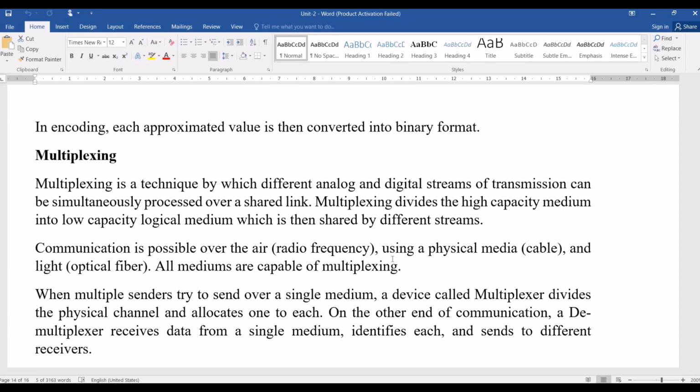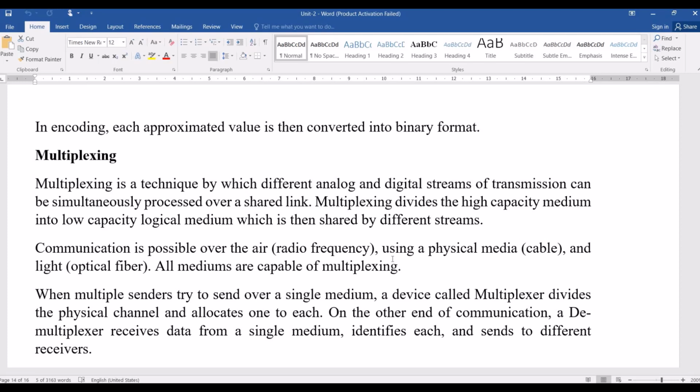So instead of 100 dedicated links from source to destination, we have a main trunk, a single shared line, and it shares this single line for transmitting from one source to the other receivers. Multiplexing divides the high capacity medium into low capacity logical media, which are shared by the different streams. So this high speed is shared by the low speed devices or nodes.